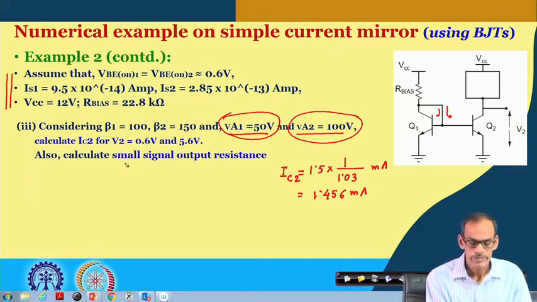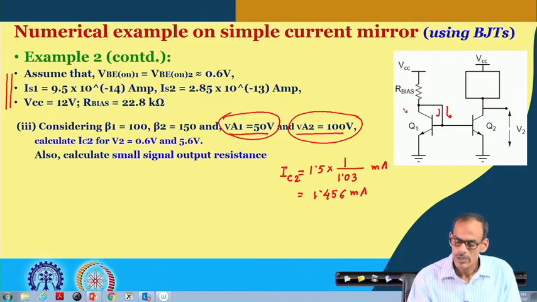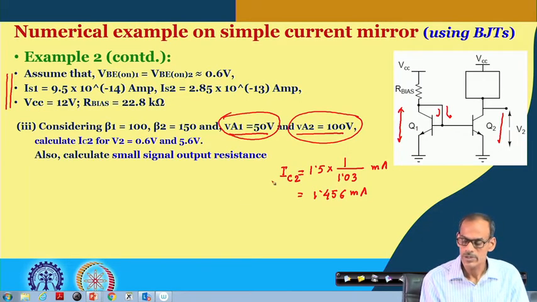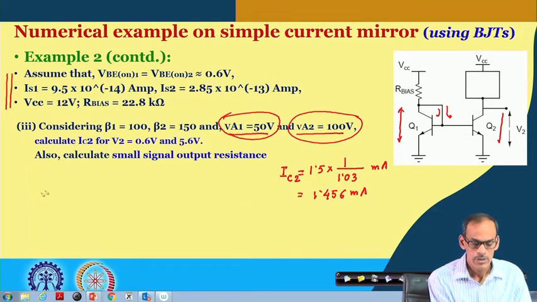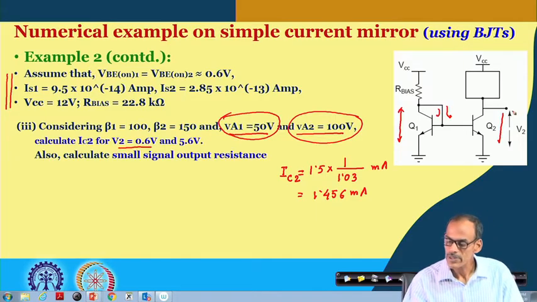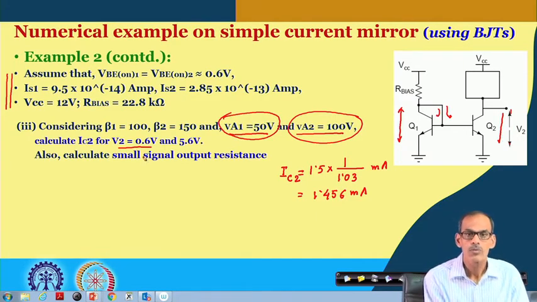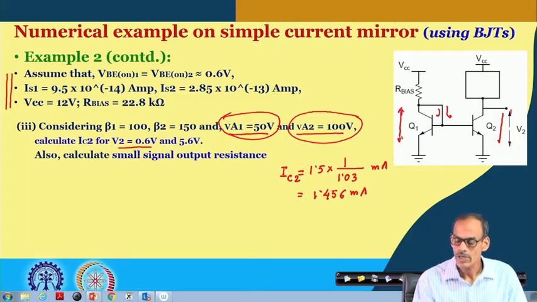Now, if we consider this early voltage, and if you observe the VCE voltage difference, then we can calculate that factor. So, let me consider V2, this V2, equal to 0.6 volt, and we know that this VCE1 equals 0.6 volt.